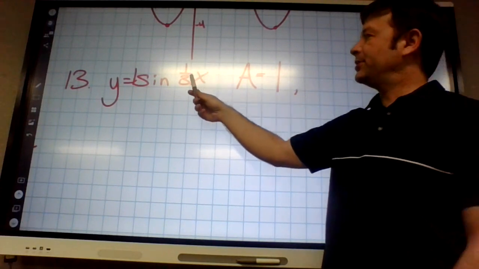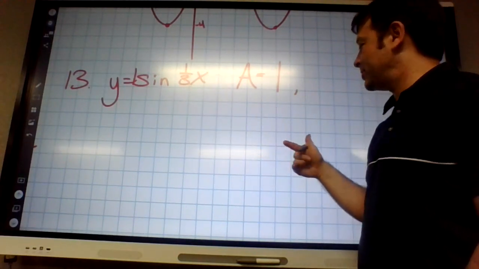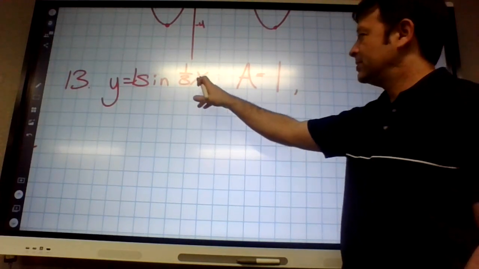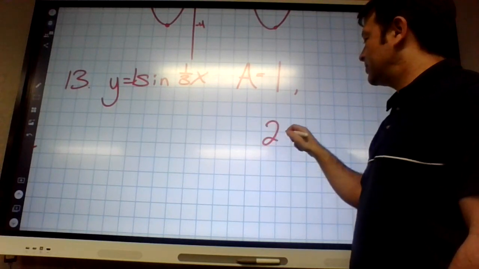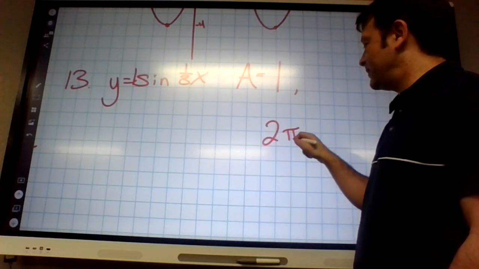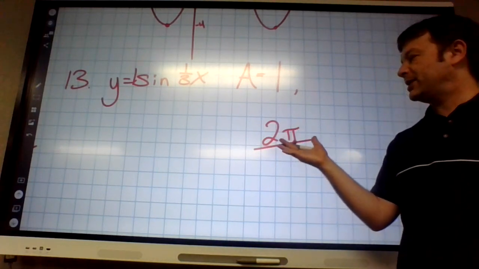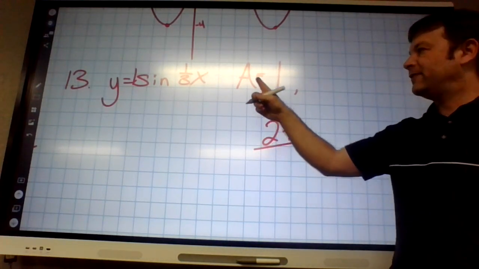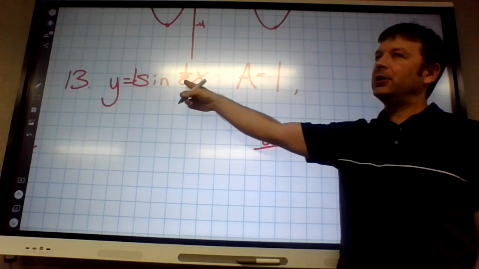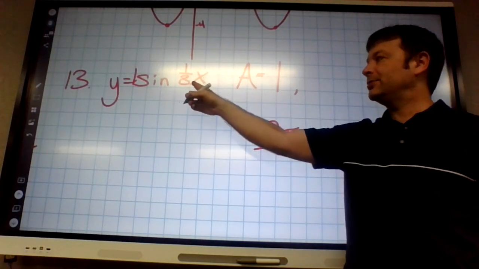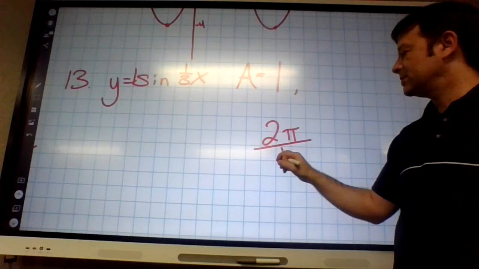Okay, what's the 1/3 going to do? Everything's going to happen a third as fast, so it's going to be elongated. How do we figure it out? Here's what we do. Basically, you always do 2 pi, like a standard period, divided by the number in front of the variable, in front of the x in this case.